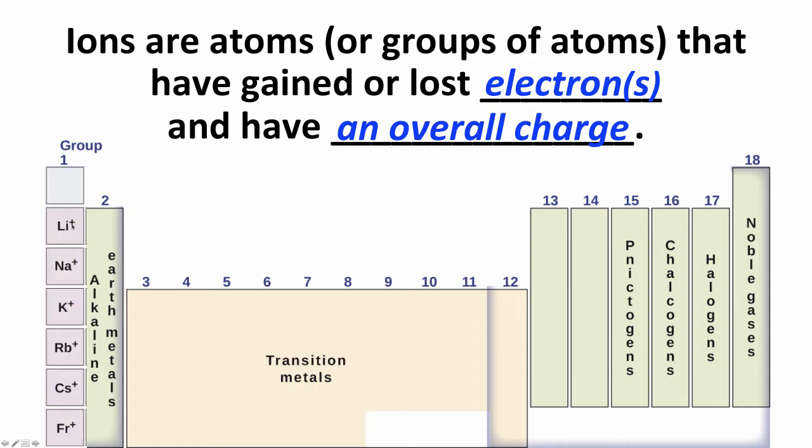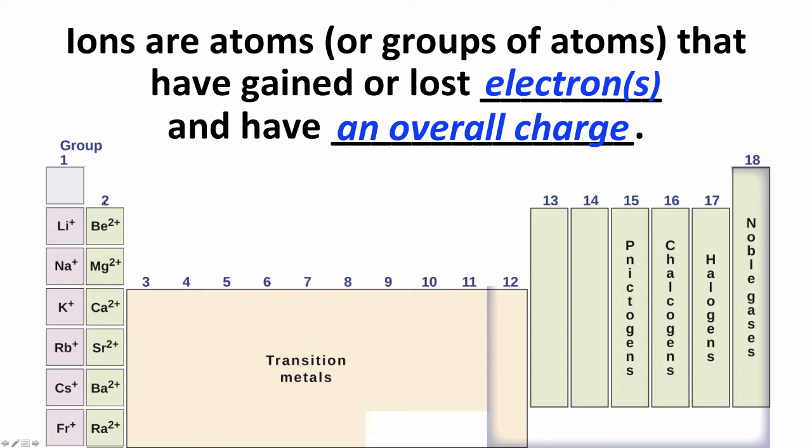Like sodium, all of the elements in the alkali metals column tend to form +1 charged ions by losing one electron. That's because all of these atoms have one electron in their outer electron shell, which is relatively easily lost.